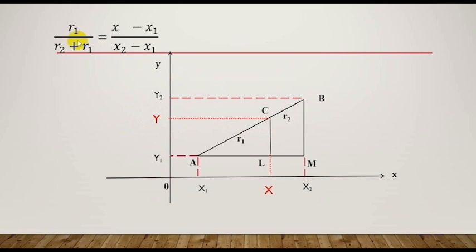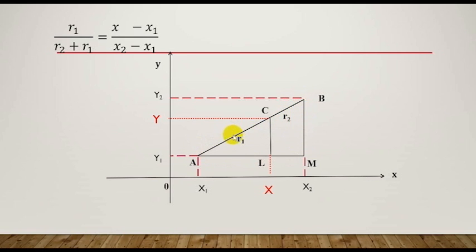The first one, if we take that triangle for R1, and using the whole triangle, that will be R1 plus R2 all together.